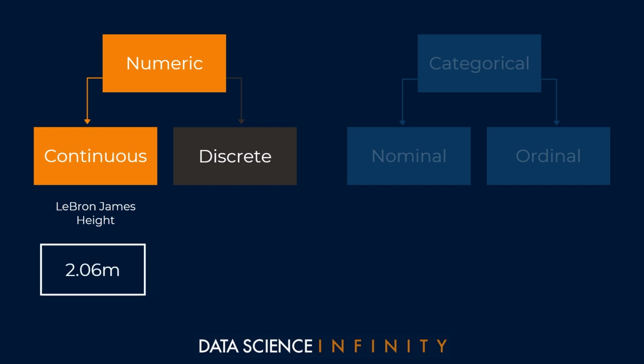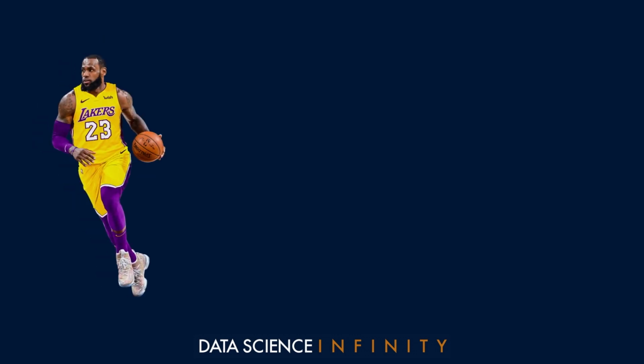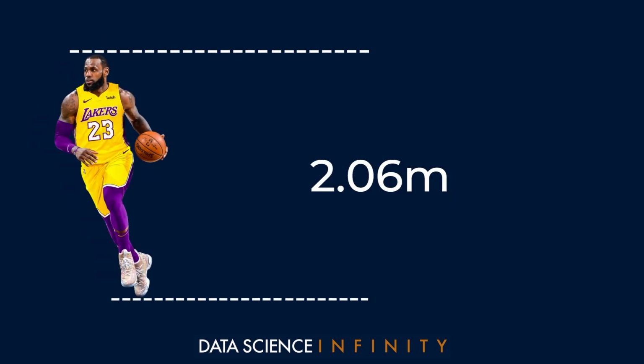Now, LeBron is pretty tall at 2.06 meters, but what is it about this measurement that makes this value of 2.06 continuous data? Well, continuous data exists in what is known as fractional form. This means that it represents information that can be divided to a more granular level. In other words, while LeBron here is listed as being 2.06 meters tall, if we had some high-tech distance measuring device at our disposal, we might find that he is actually 2.064759 meters tall.